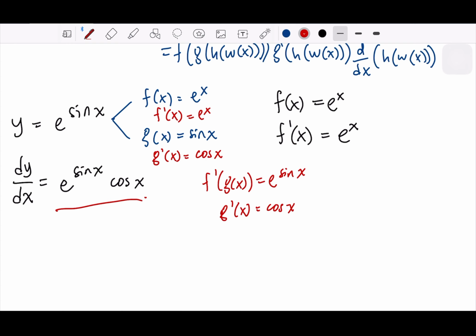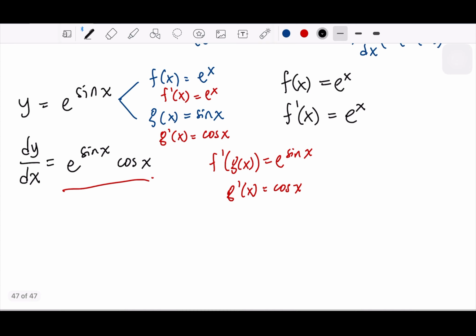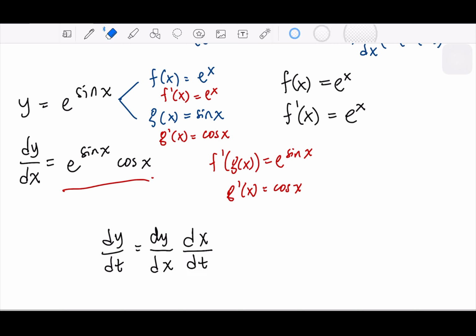And sometimes you can also take times to make up a function that may be dy over dt, and you can see the relations. Maybe the problem gives you information that this is a function of x, and you have x with t, and you can see the connections, right?